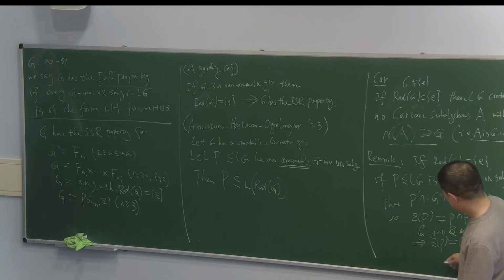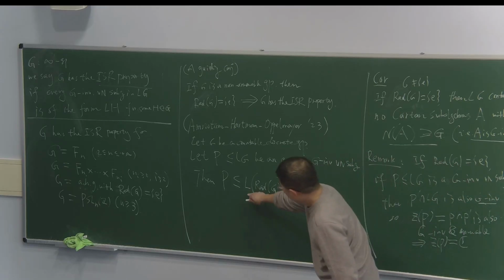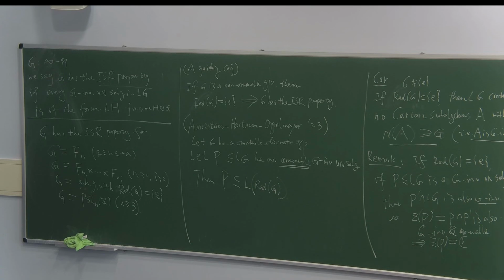So P is contained in the von Neumann algebra generated by the trivial group, which is C. This means P is a subfactor. So whenever you deal with non-amenable groups with trivial amenable radical, if you want to study whether they satisfy the ISR property, you can always start with an invariant subfactor.